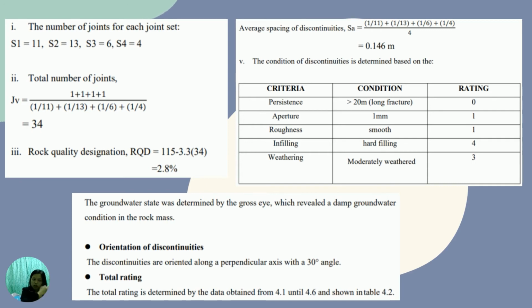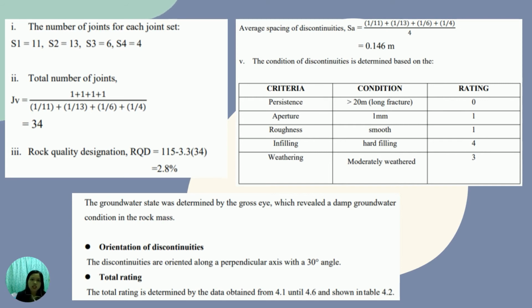And then the total of the joints we found after we calculate is 34, and the rock quality designation, RQD, we found it 2.8 percent.